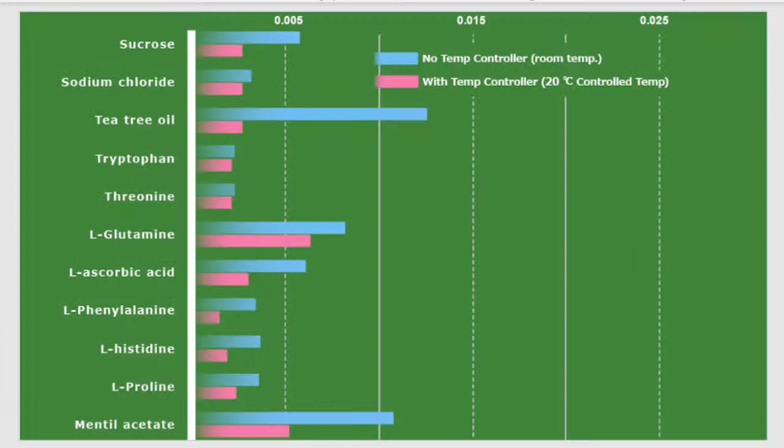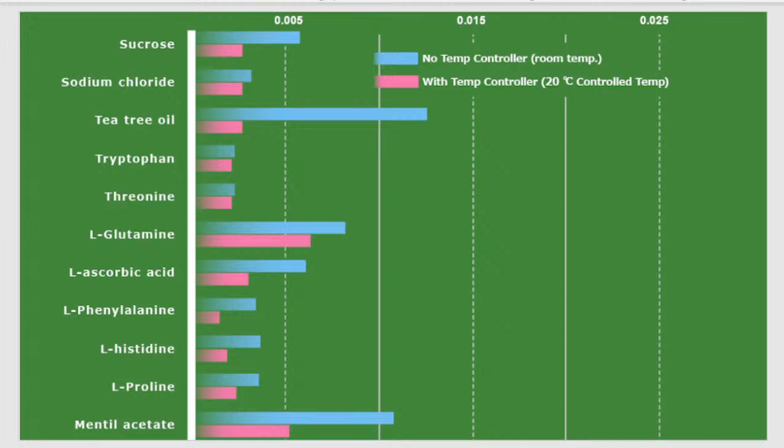Okay. Here we have a list of different substances. The blue bar shows the error, the repeatability, the accuracy of that substance with no temperature control. For example, the first one, sucrose.